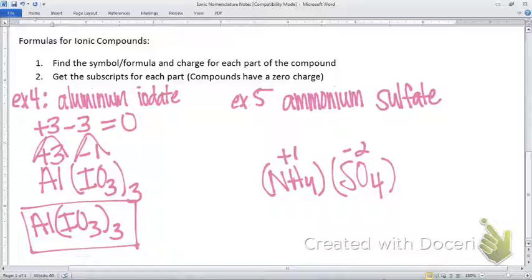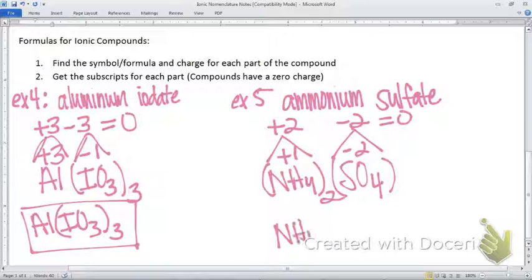These charges are not going to cancel out, so we need to find their least common multiple. In this case, it's going to be 2. In order to get a positive 2 for ammonium, we are going to need 2 ammoniums. To get a negative 2 for sulfate, we're only going to need 1, so we don't need to add a subscript. Let's rewrite the formula.